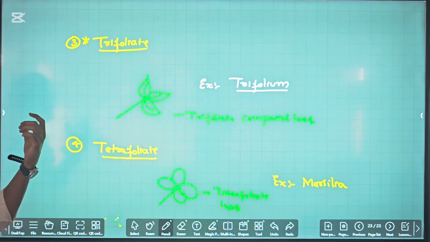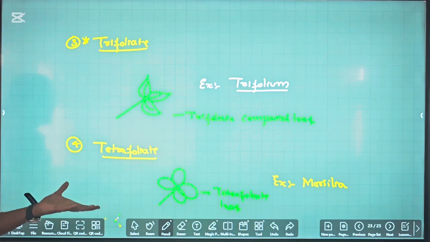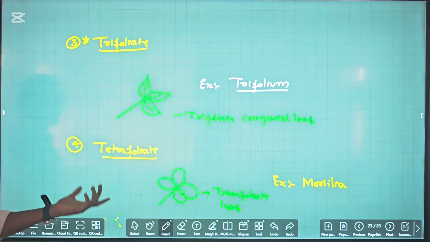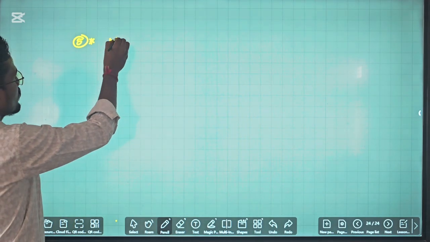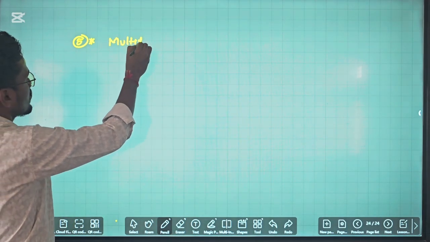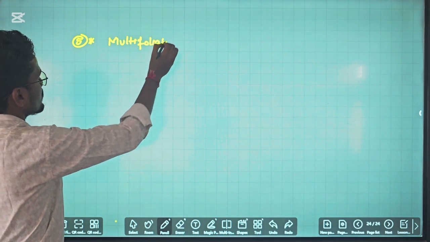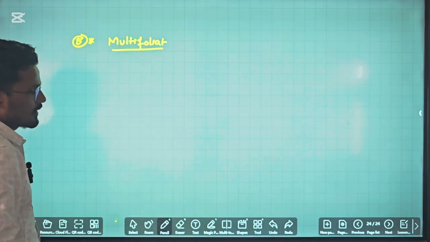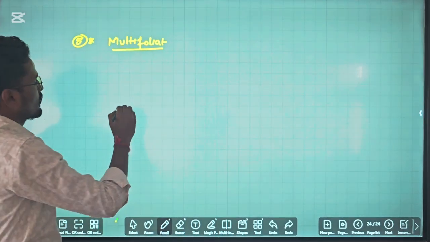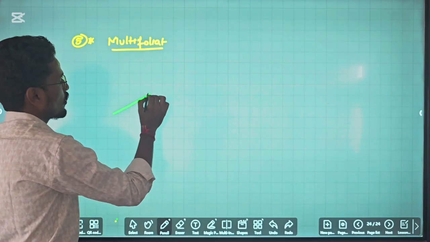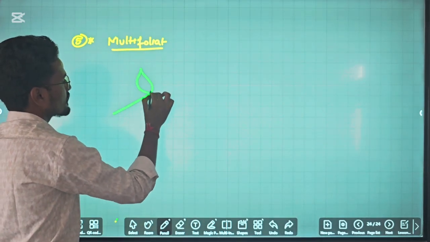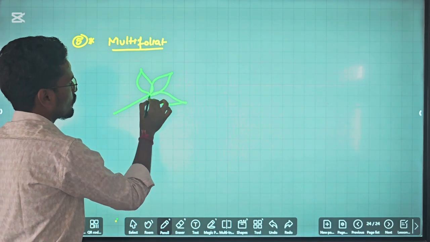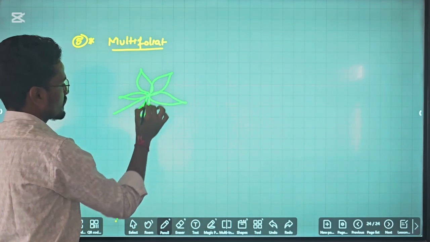and that comes under a compound leaf. In this palmately compound leaf, the next type is multifoliate compound leaf. In this, the petiole has more than four leaves.